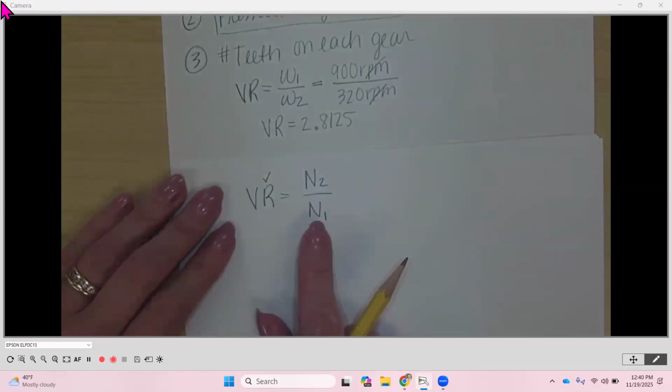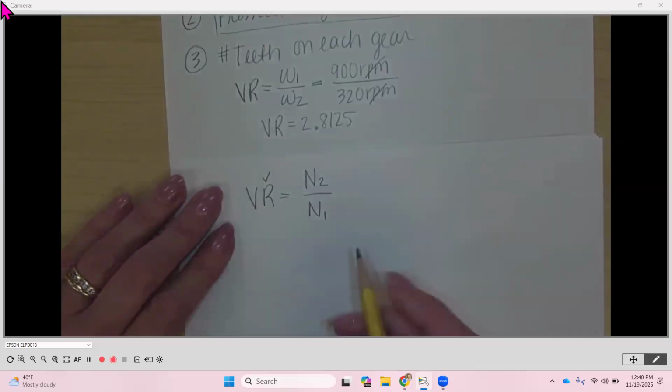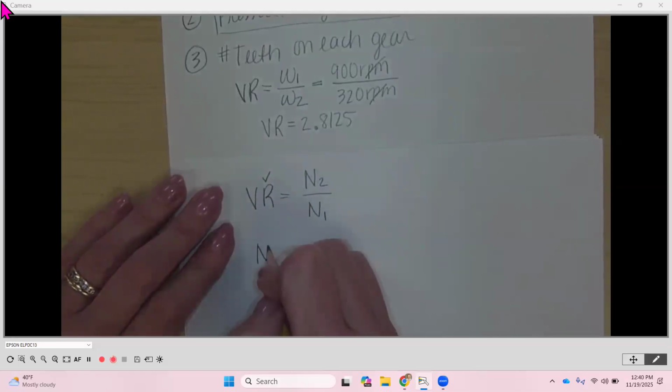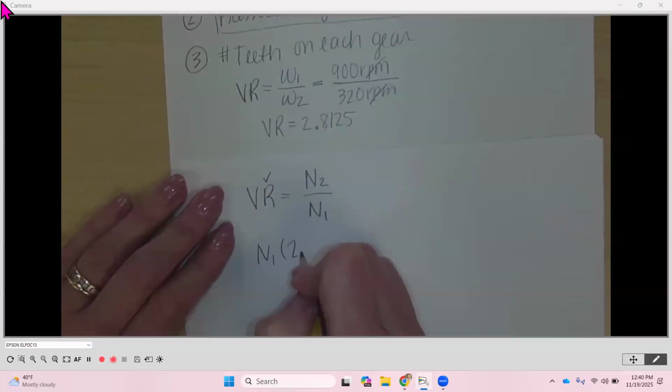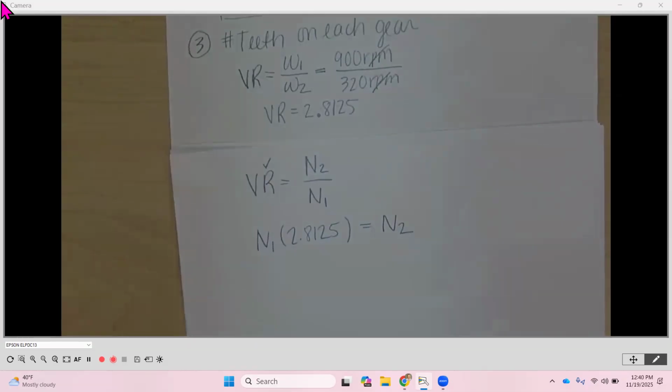What I want to do is multiply N1, the number of teeth on my pinion, times the velocity ratio. So I'm going to rearrange this and say N1 times 2.8125, putting the number in now, is equal to N2. What this offers us is the ability to try out some pairs, using our table of standard number of teeth on our gears.